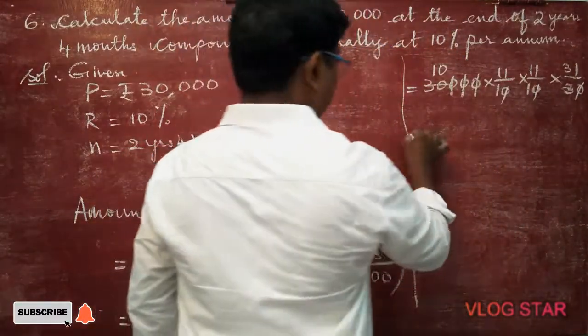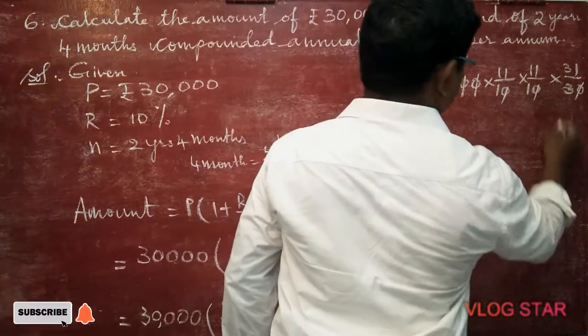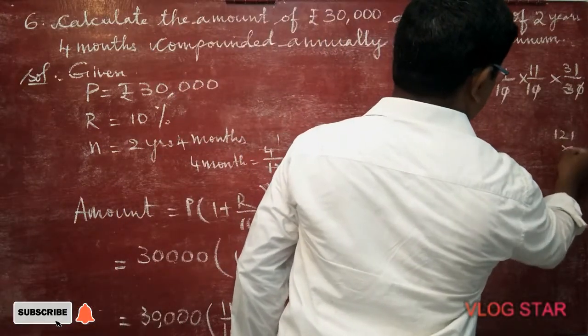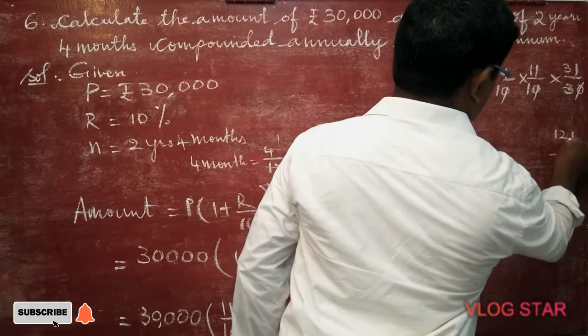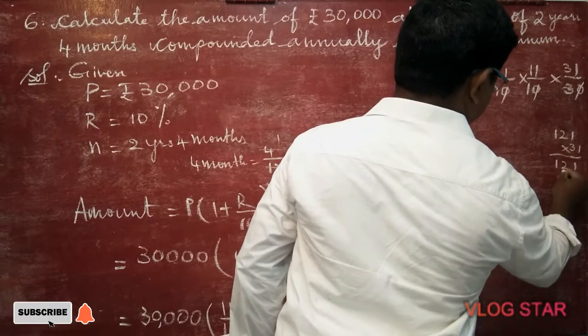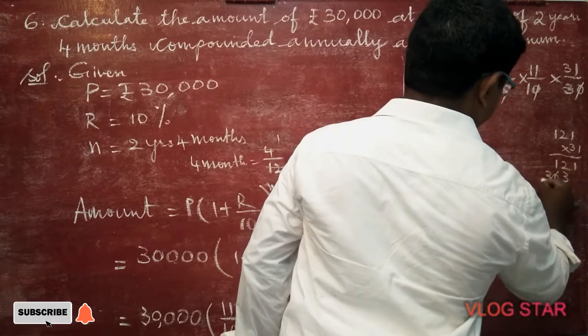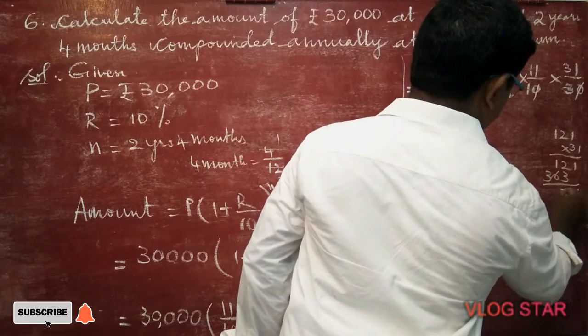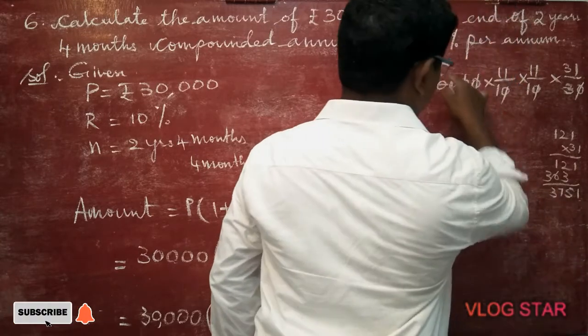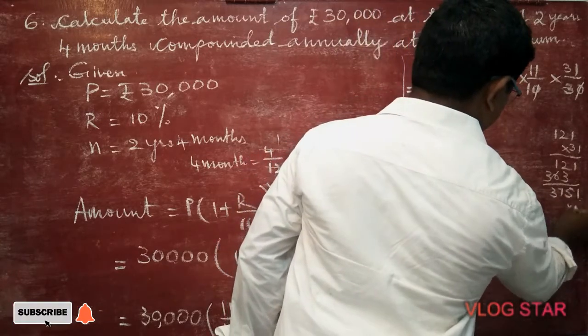Now multiply: 11 elevens are 121, into 31, which gives 3,751, into 10.